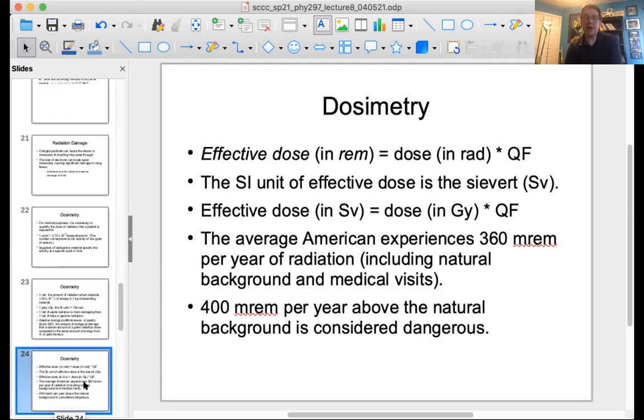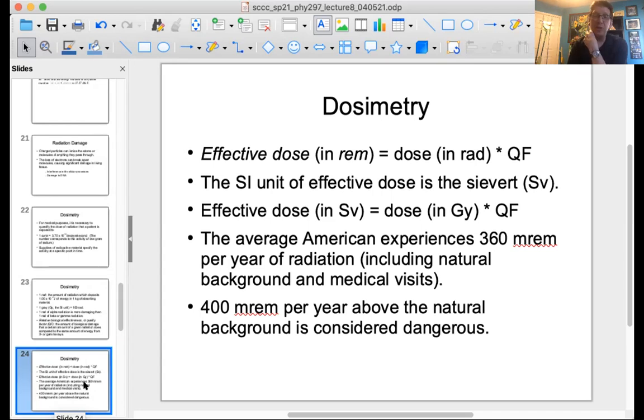The average American experiences 360 millirems per year of radiation. So that's natural background and includes periodic medical visits. So it allows for the likelihood that you might get an X-ray at some point during the year.